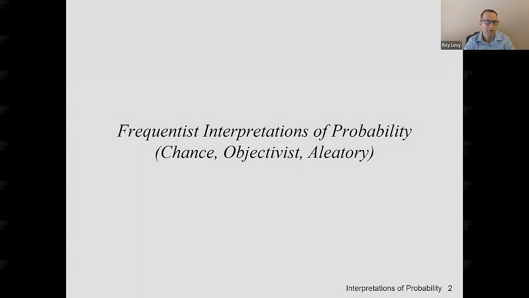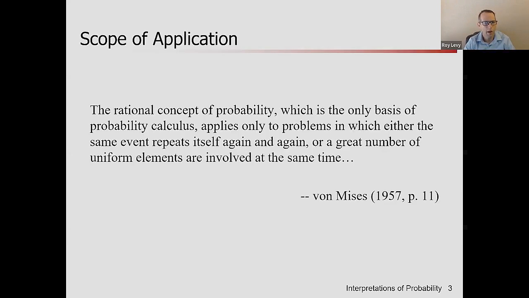The first interpretation is what's sometimes called a frequentist interpretation or a chance interpretation, or it goes by other names as well. Here's a quote that captures the idea about what probability means or where it can be applied.